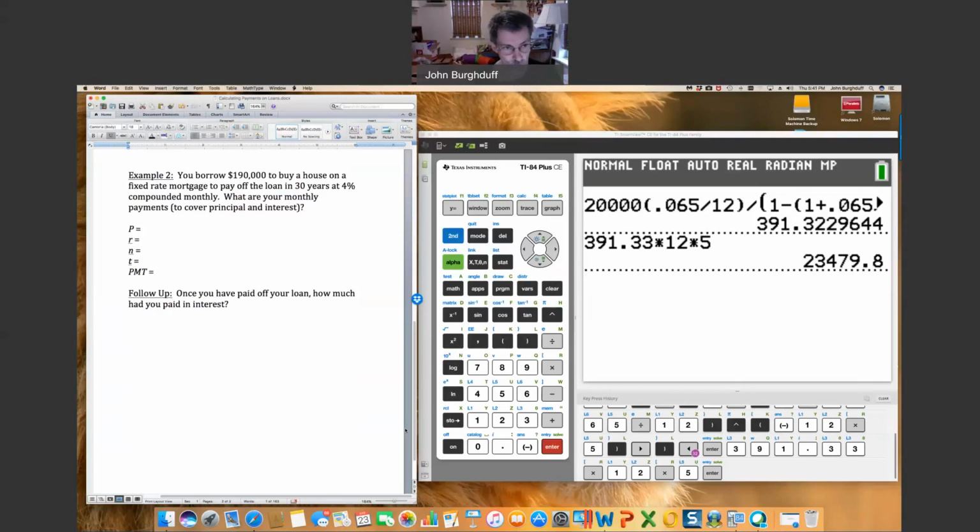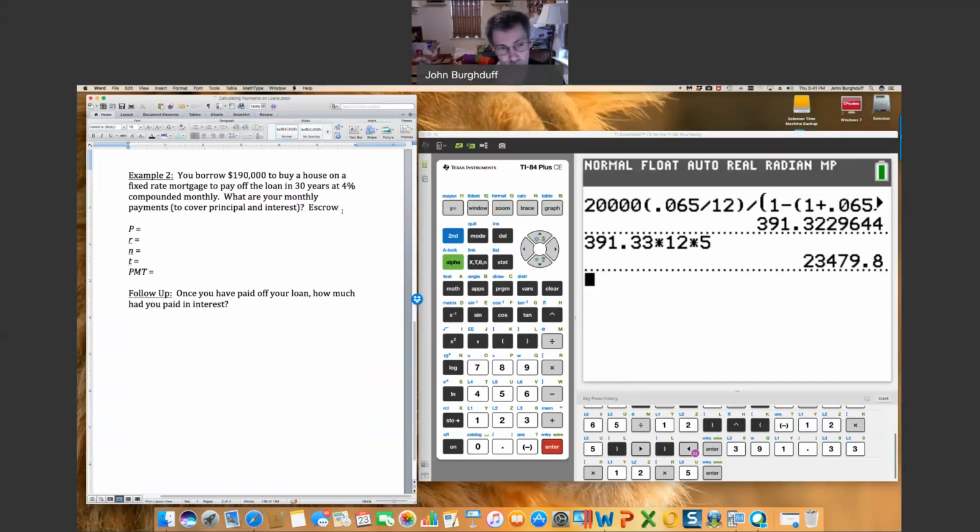But if you have a fixed rate mortgage, you can use this formula to calculate your principal and interest. Now, principal and interest payments do not cover everything that you write a check for when you buy a house. There's also something called an escrow, which I will just write down the word here so you can see it. Escrow payments cover homeowners insurance and property taxes.